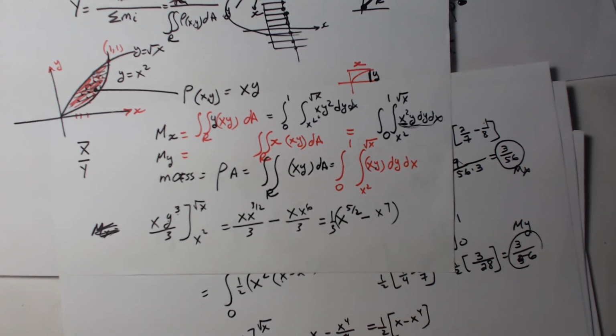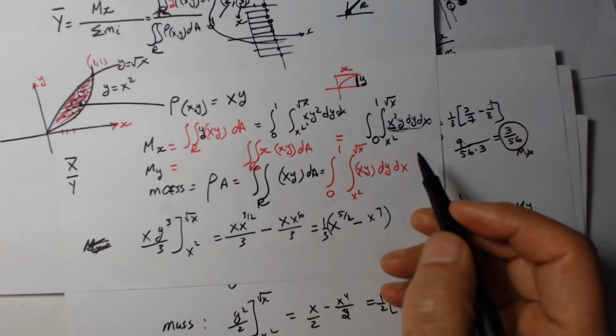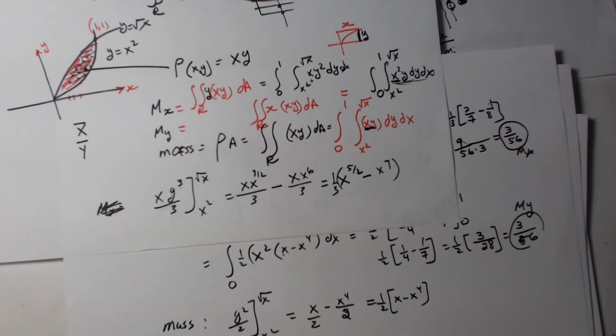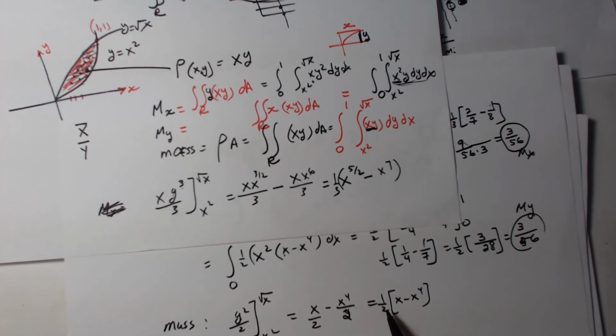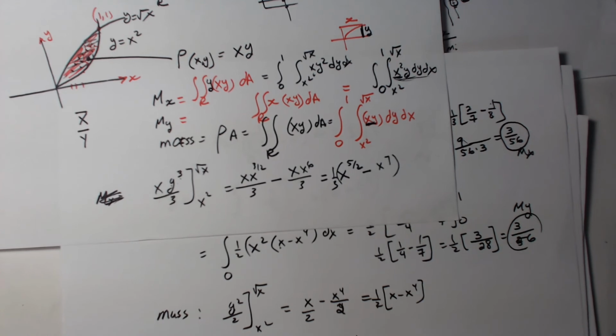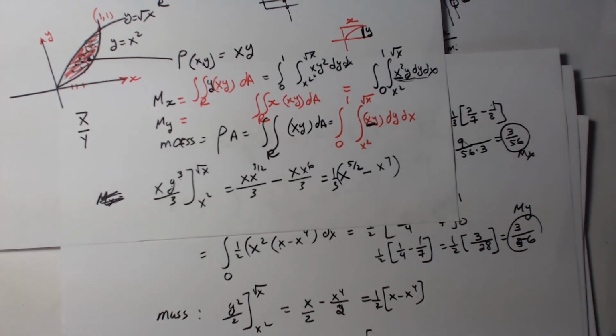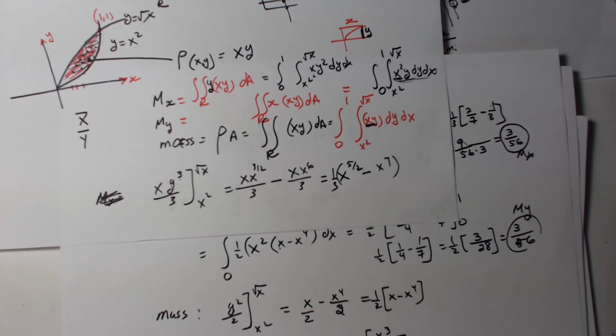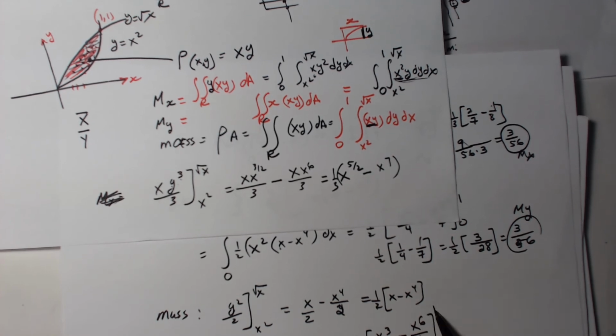Therefore, your mass is from 0 to 1. Don't forget, I did not have x in here. I have an x times x minus x to the power of 4 dx. I have 1/2 here, and my mass becomes 1/2 times x squared, which becomes x cubed over 3 minus x to the power of 6 over 6, from 0 to 1.